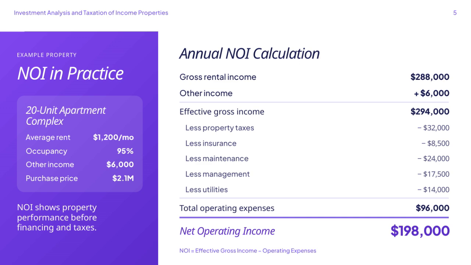When we subtract these operating expenses from the effective gross income, we're left with a net operating income of $198,000. This figure is crucial because it shows the property's performance before factoring in financing costs like mortgage payments or taxes. Understanding NOI helps investors analyze the profitability of an income property on a pure operational basis.